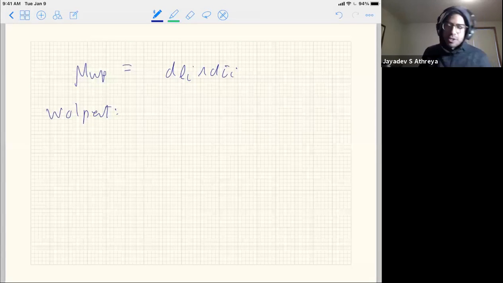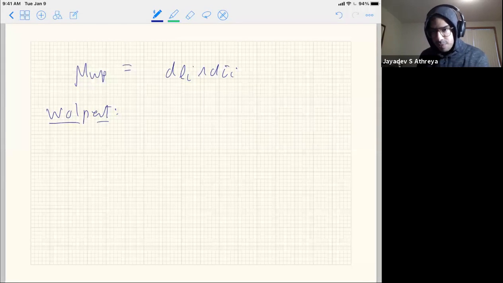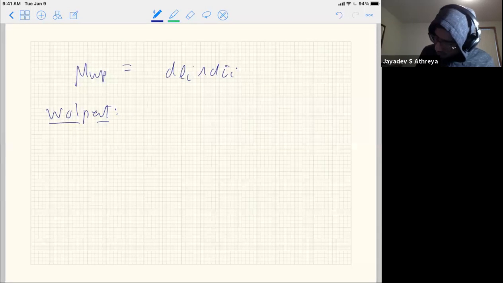You can define the Weil-Petersson metric. Technically, the Weil-Petersson metric is defined using the Weil-Petersson symplectic form, which comes from an inner product on the tangent bundle, or you can find it on the cotangent bundle, and you define a volume. You take the wedge product of this symplectic form, and you get the volume form from it.